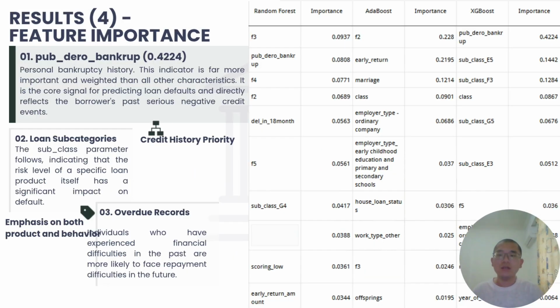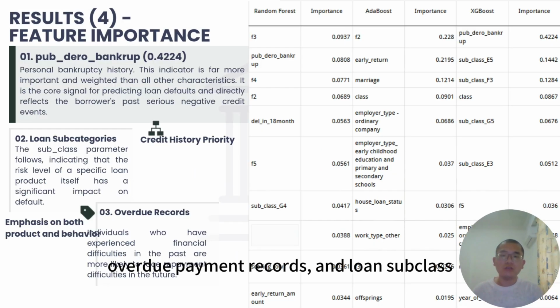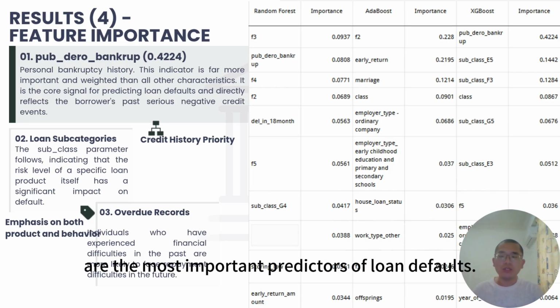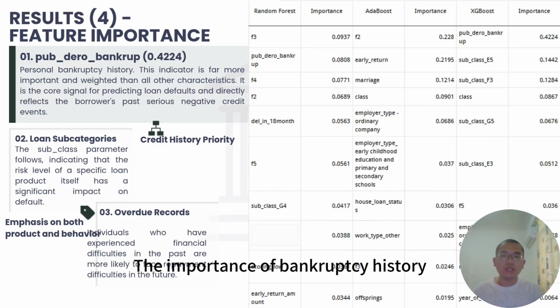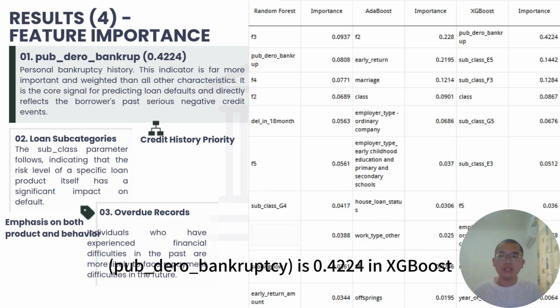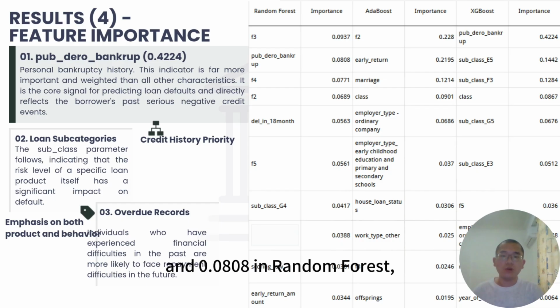The results show that bankruptcy history, overdue payment records, and loan subclass are the most important predictors of loan defaults. The importance of bankruptcy history is 0.4224 in XGBoost and 0.0808 in Random Forest, both ranking highly.